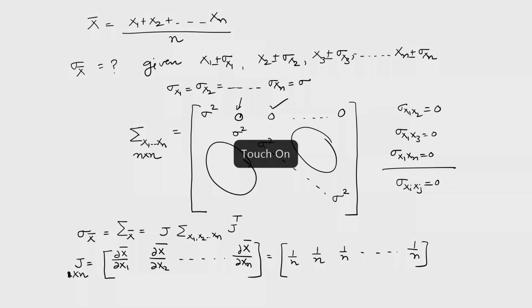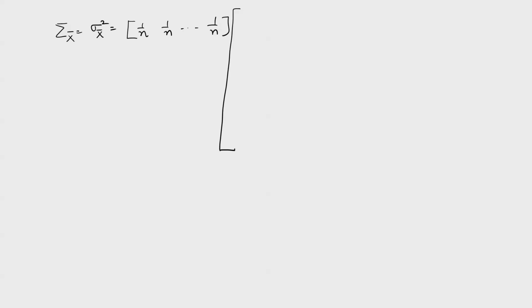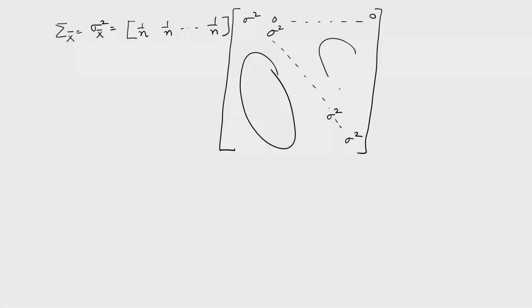So let us write sigma x bar square, and if I write the J matrix, it will be 1 upon n, 1 upon n, 1 upon n, n times here, then the sigma matrix. So sigma square here, 0, 0, up to sigma square, every value is sigma square along the diagonal, and all these other values are 0.